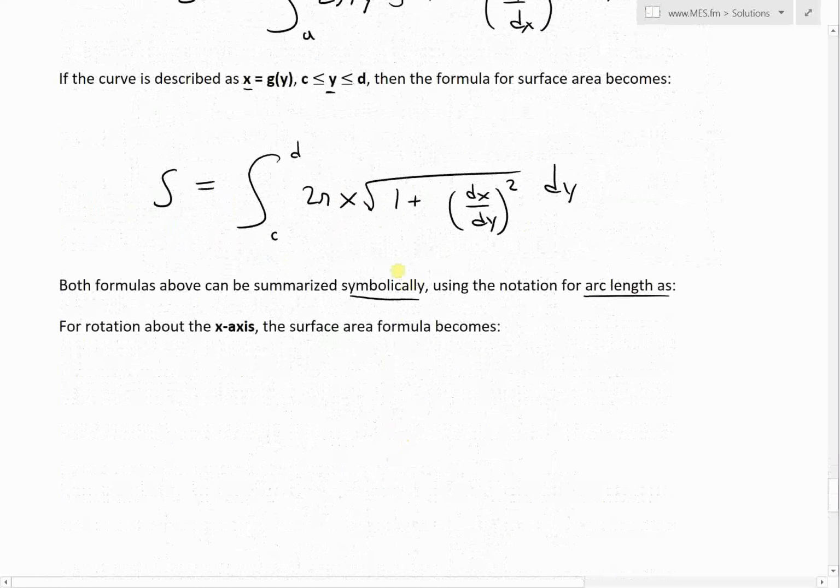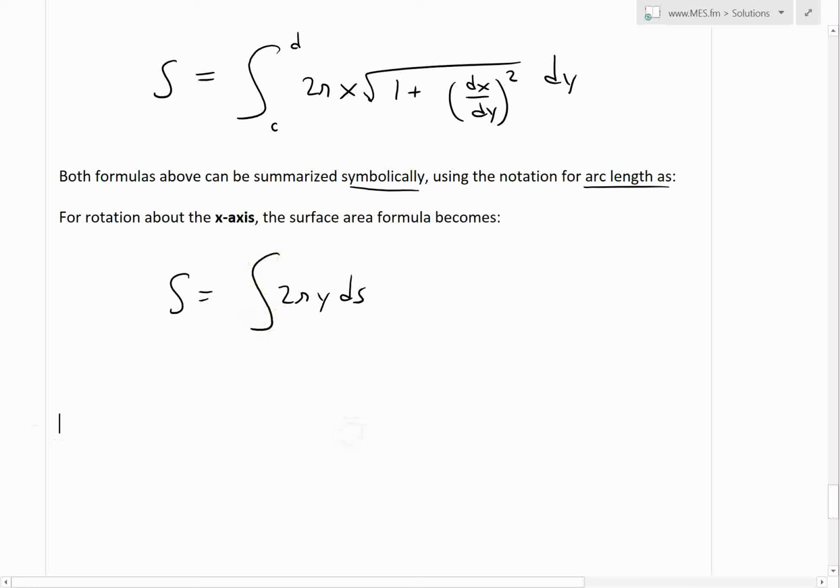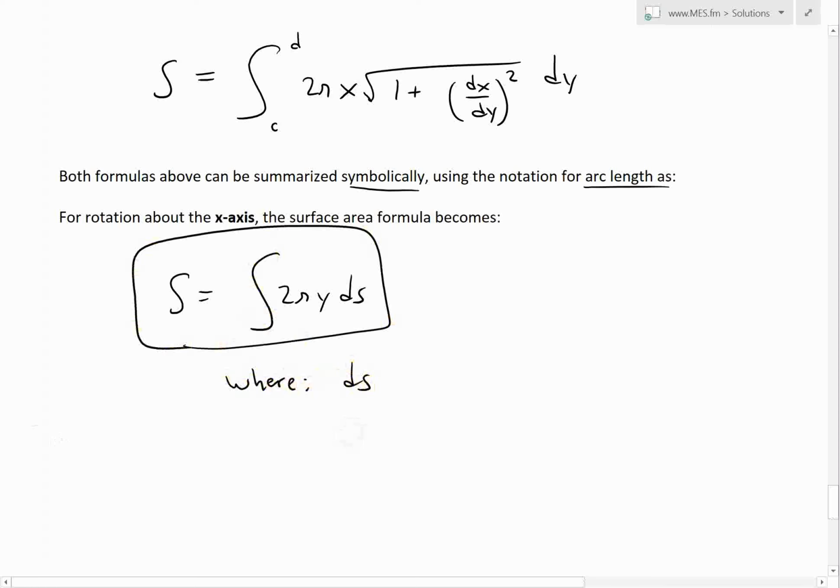This is the circumference times the length of this small interval of the curve, and then you sum it up to infinity. Where ds is equal to the square root of 1 plus dy over dx.